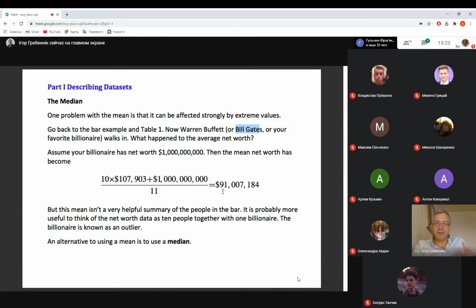Well, this is a very important example. If you would like to evaluate the data set in general, from a general point of view, we should make a conclusion that the average characteristic changed significantly, but due to only one point, only one element of data set.